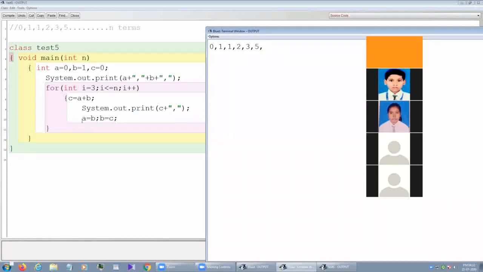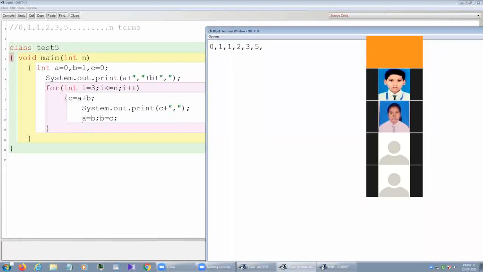Sir, how is this related to I? I can't understand why it is related to I, because we are not mentioning I anywhere over there. I is used to iterate the terms. This is a loop. Loop is used for what purpose? For iteration. We are doing it with C, A, B, A, B, C. And I helps us to print the terms. After printing A and B, we need to print the remaining 4 terms, yes or no?